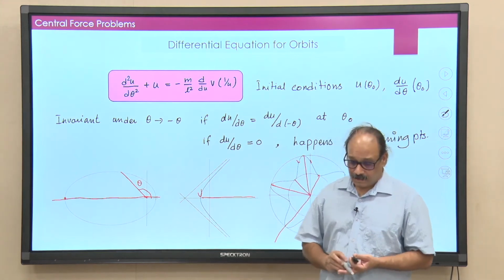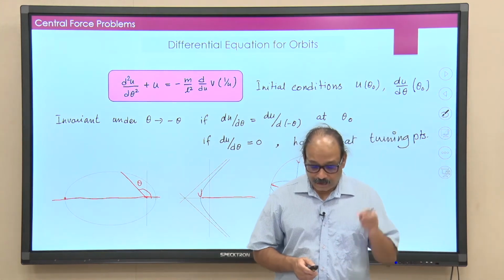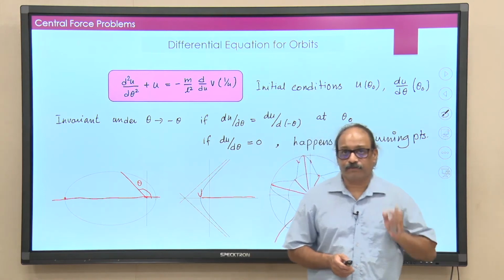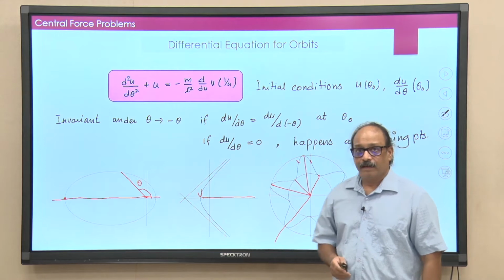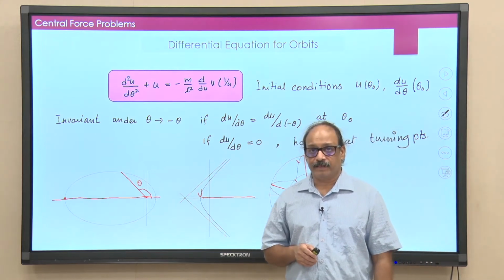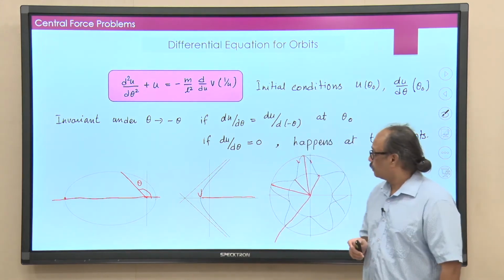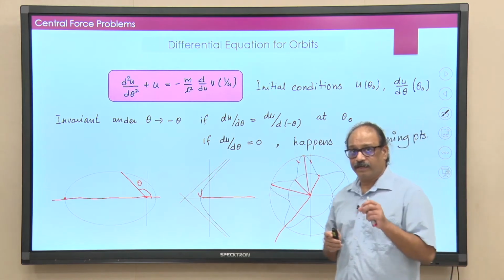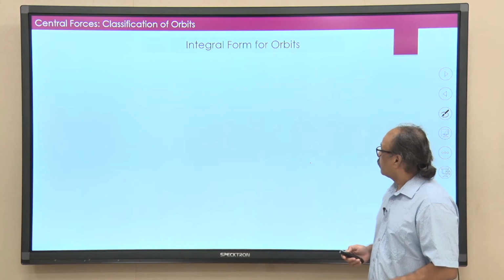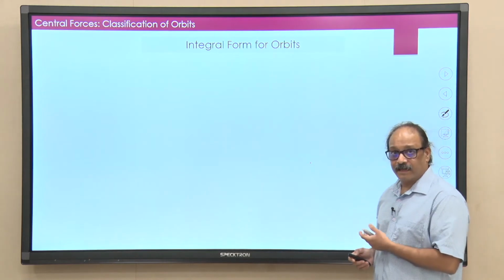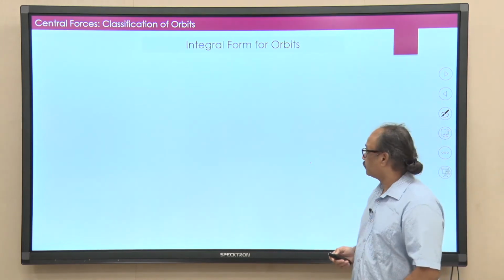Okay. All right. Now, solving differential equations, of course, this gives you a very elegant way of doing things, but probably this may not be necessary. Remember, in central forces we already have two constants of motion, which means I can construct an integral form for the orbits.